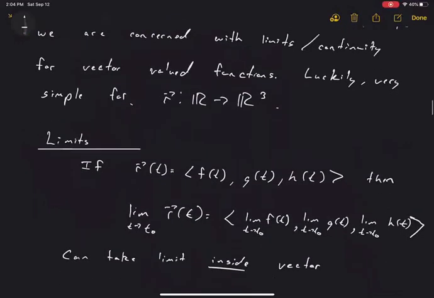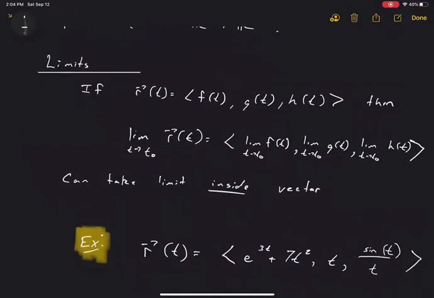Okay, so hopefully you still remember some of the basics about limits of functions. It works really simply. Let's say I have this vector valued function, where it's got components f of t, g of t, h of t. Just like with functions of a single real variable, I might be concerned with what the limit of this vector valued function is as t approaches some certain value.